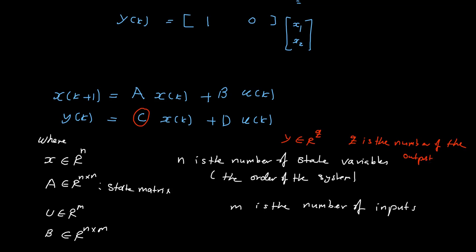So simply C will be an element of R^(Q by n). This is an element of R^(Q by 1), this is an element of R^(n by 1), so simply this must be Q by n. And we call this one the output matrix.